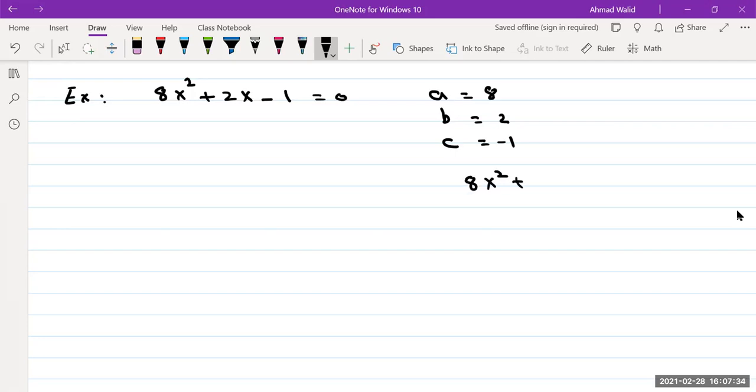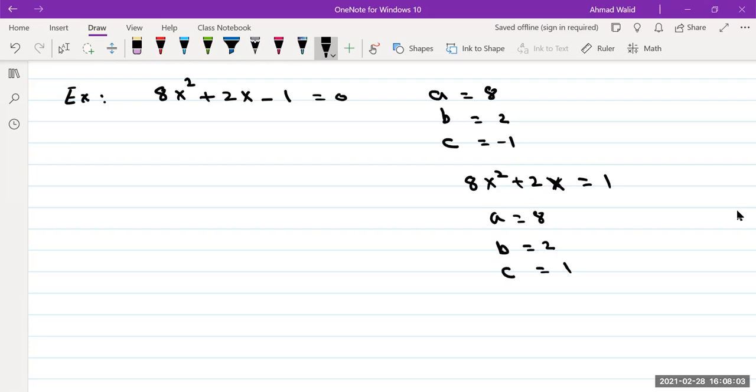8x squared plus 2x equals 1. If they give you the equation in this form, remember, first move all the terms to one side, to the left side, make it equal to 0. Why? Because if you want to copy here, how much is A? A is equal 8. How much is B? B is equal 2. How much is C?